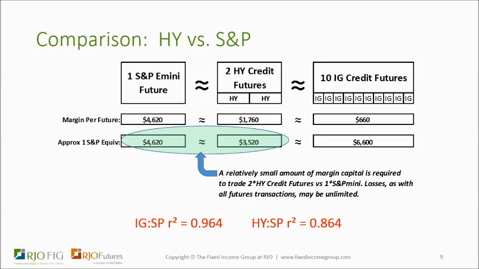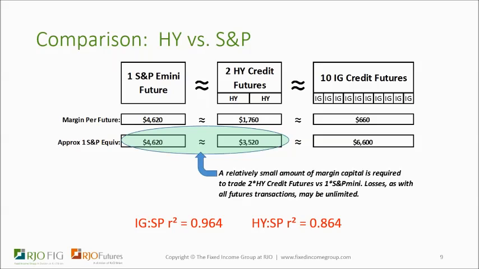Or you could get 1/10 of the exposure using an IG. It's an alternative for people assembling synthetic portfolios, or following trends, whatever your approach is. You can reduce the volatility, in effect carve out your own mini, if you want to think of it that way.